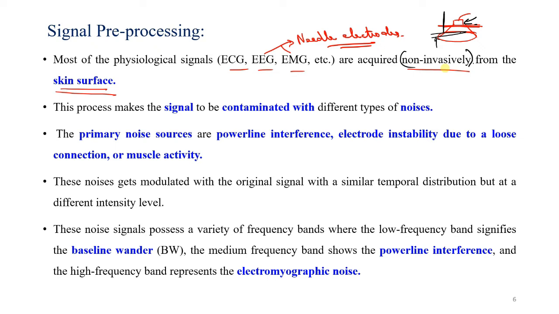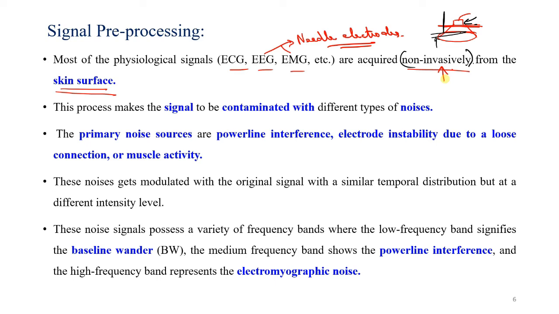Okay. Now the problem with the non-invasive way of signal acquisition is this. One of the advantages is that any untrained professional, if you tell them to place the electrodes over these positions, will be able to acquire the signal.